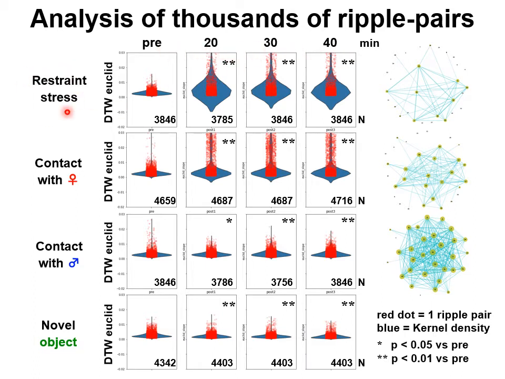After the restraint or contact with a female, you can see many high points, indicating the episode produced many unlike ripple pairs. After the contact with a male, the Euclid distance slightly but significantly increased. In contrast, the distance slightly decreased after the observation of a novel object.